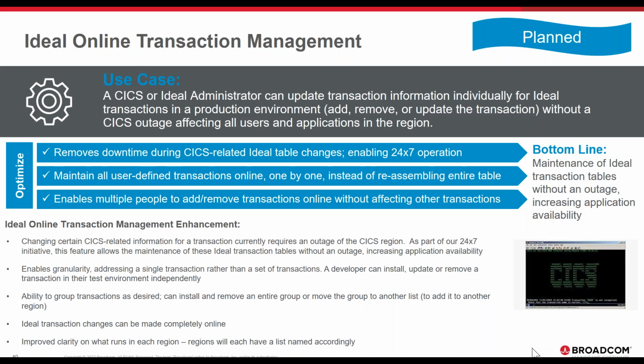So this is going to be our overview of what this feature does. It's going to give you the ability to update your Ideal transaction information individually, and you can do it in a production environment without an outage that would affect all your other users and applications. And the one bit I'd like to point out is this was kind of done in 2 stages.